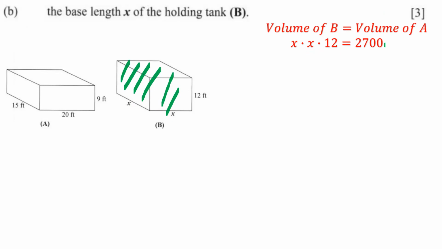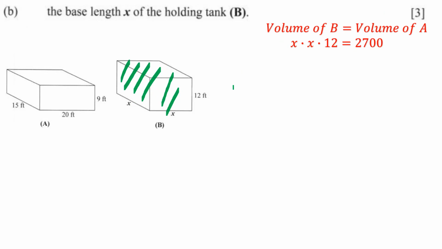Why do we do that? Well, we know that whatever the volume of B is, it's going to be equal to the volume of A. We already know that the volume of A is 2,700. So we need the formula for B, which is X, the length, times X, the width, times 12, the height. That's equal to 2,700.